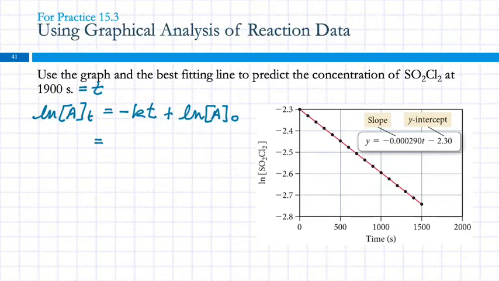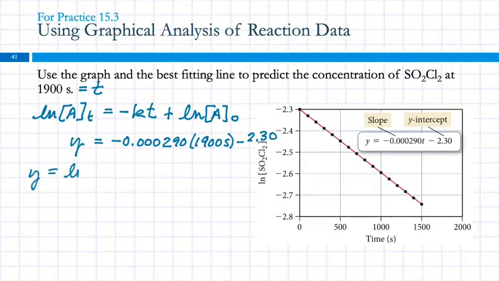From the equation, I know that the slope is negative 0.00290. And I'm going to multiply that by 1900 seconds. And then the equation continues minus 2.30. So I'm taking the time and plugging it into this equation. So then we could say, well, y equals that, right? But y is equal to the log of the concentration.